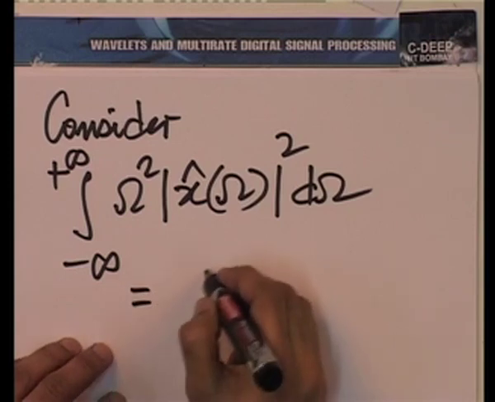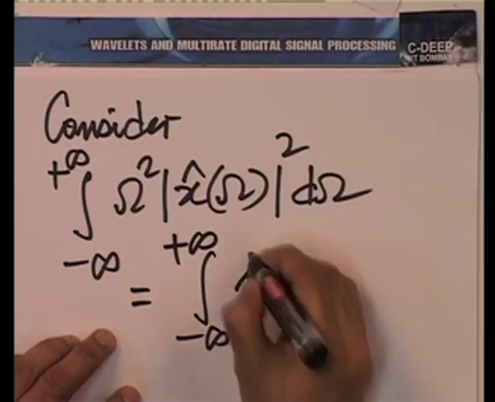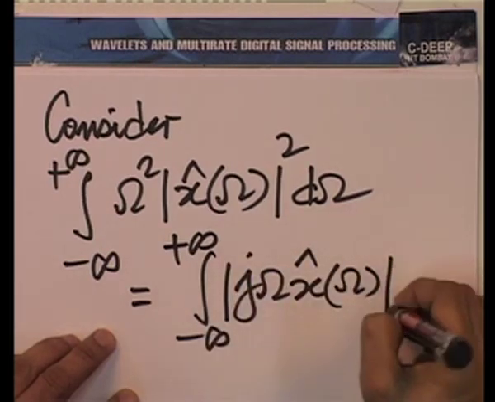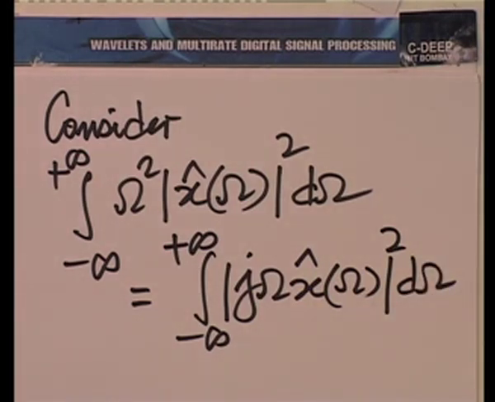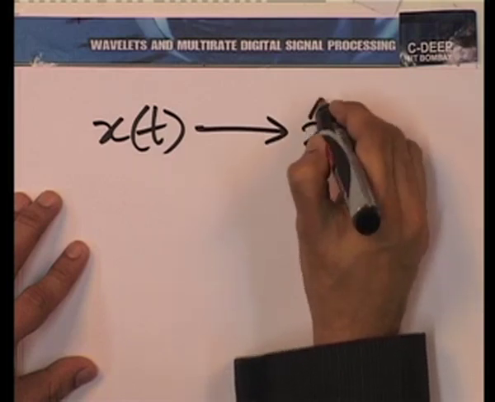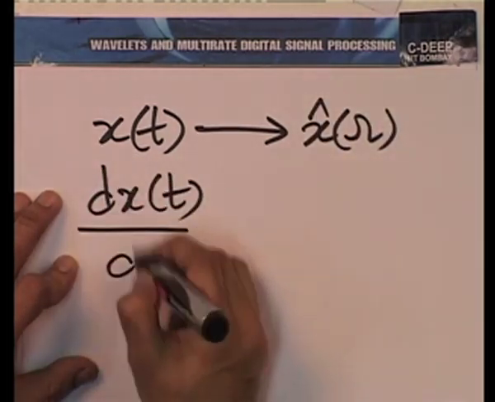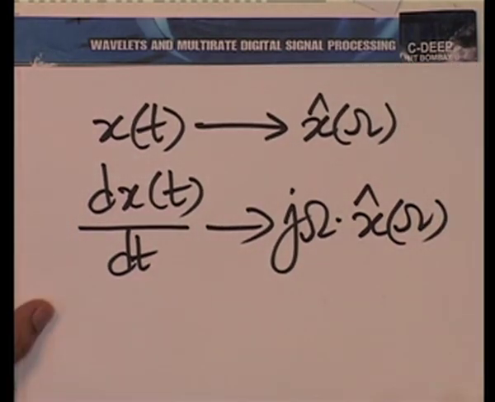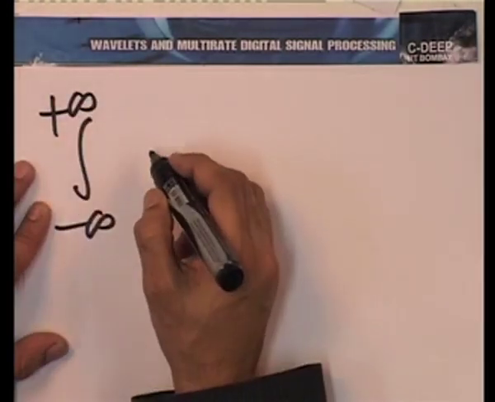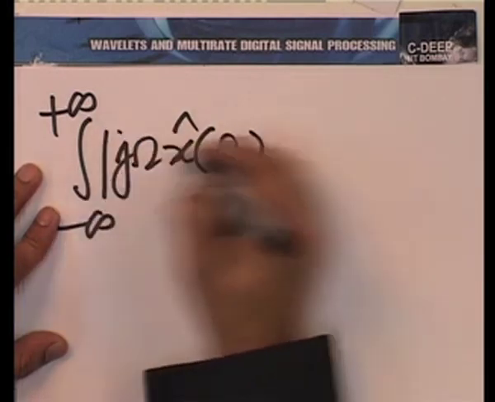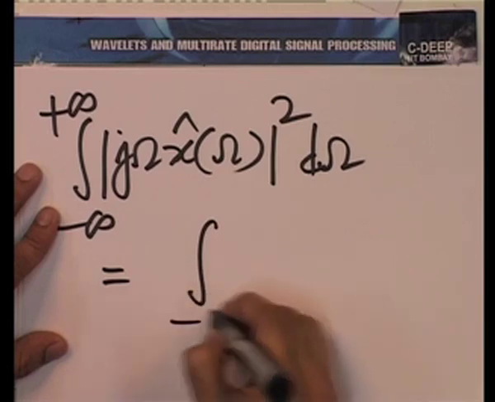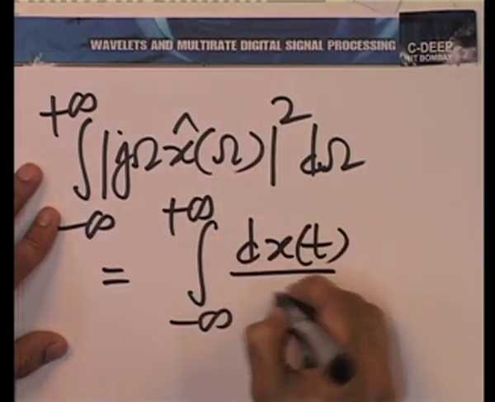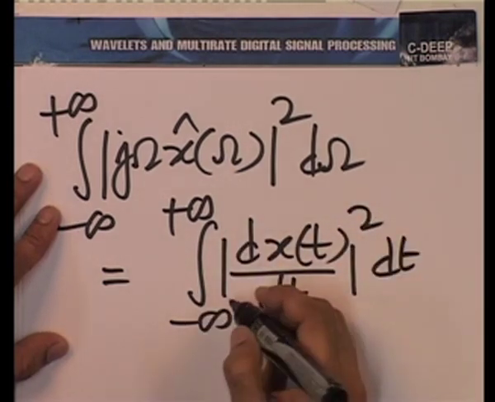We have already seen that this essentially is minus to plus infinity j omega x cap omega mod whole squared d omega, and that we have noted is essentially, you see, noting that if x t has the Fourier transform x cap omega, then dxt dt has the Fourier transform j omega times x cap omega, whereupon integral minus to plus infinity j omega x cap omega mod squared d omega is essentially integral from minus to plus infinity dxt dt mod squared dt, but there is a factor of 2 pi.